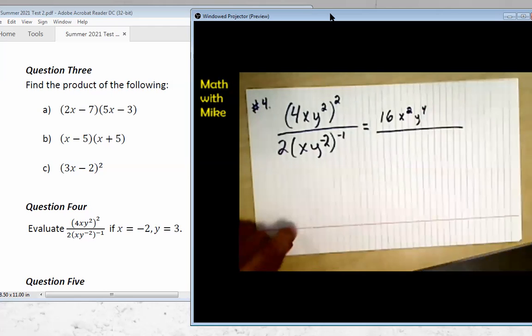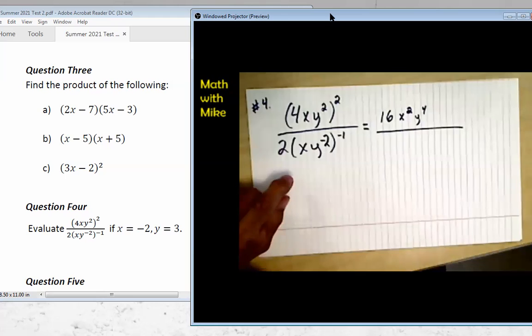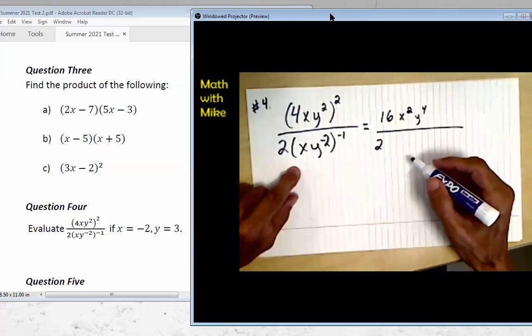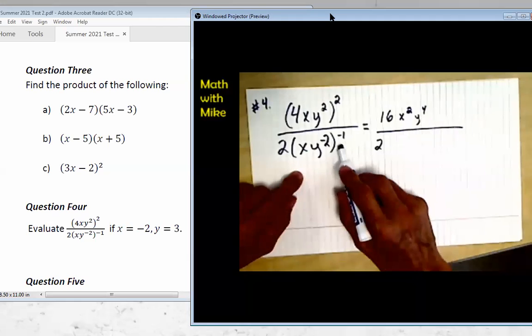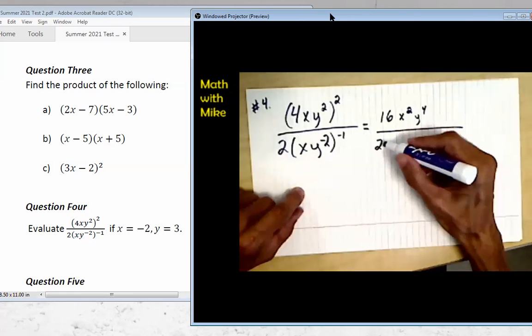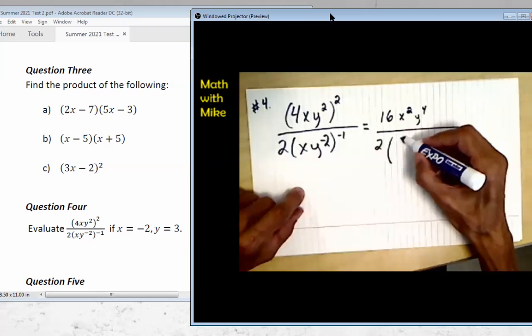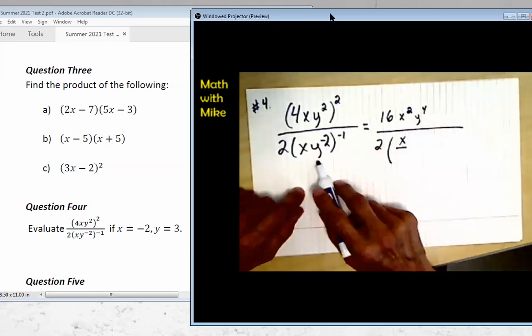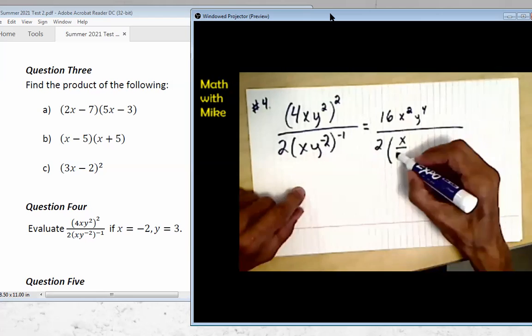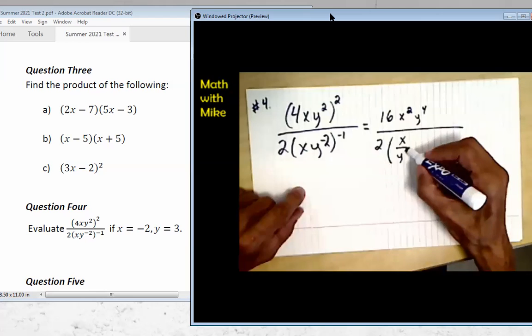This 2 on the outside is, be careful, on the outside. And what I'm going to do then is deal with this -2. So watch. Y will go downstairs like this. And that minus with the 2 is gone.